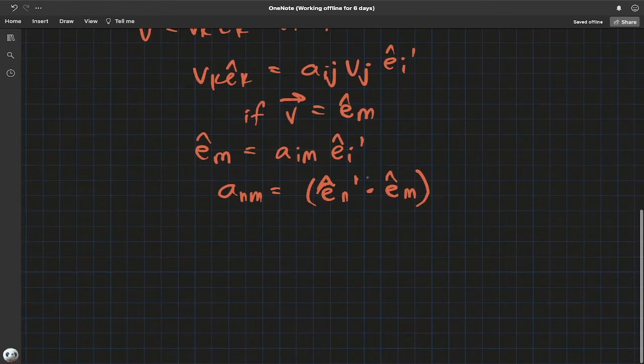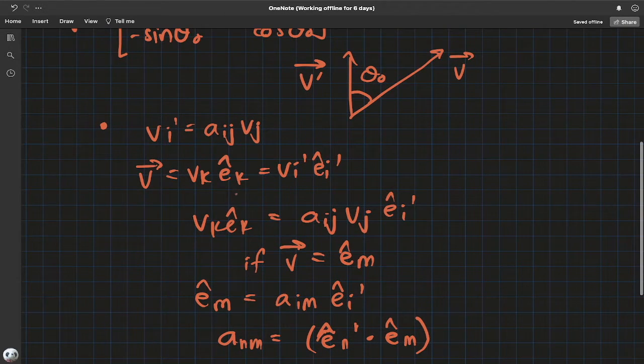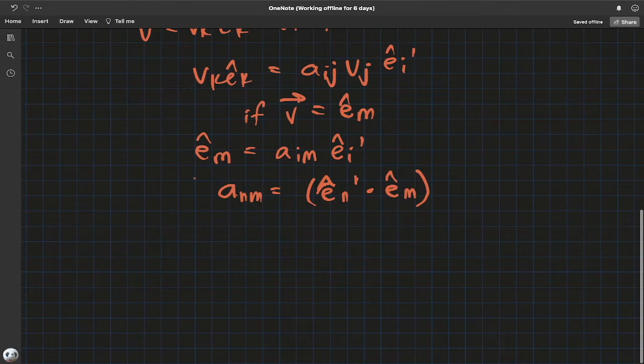Which means the dot product of the basis vector in the prime system with the unprimed system is this transformation matrix that basically converts the vector components from the unprimed to the primed system. So these are pretty closely related, and this relation just proves it. The first subscript is for the primed system, the second subscript is for the unprimed system. That's a good way to remember this relationship.